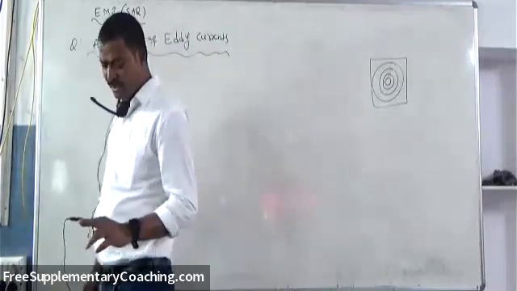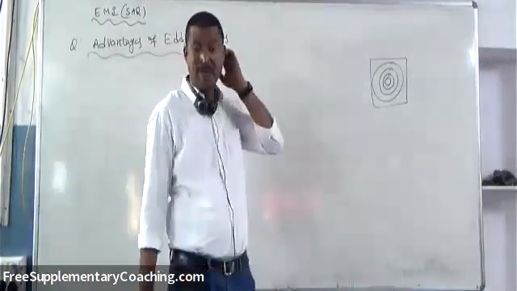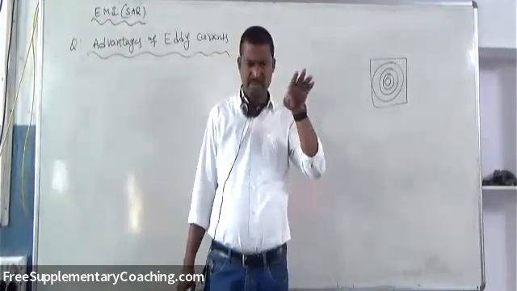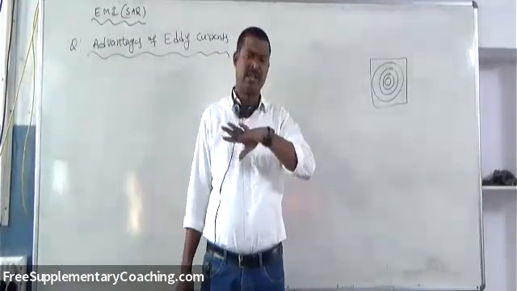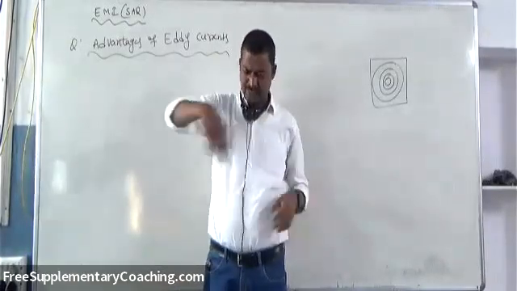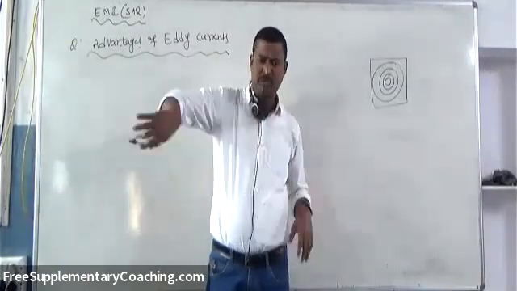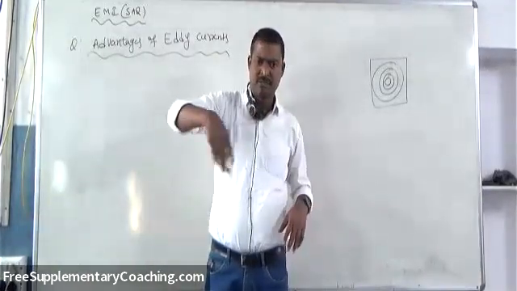Next, it can be used for damping, electromagnetic damping. Damping means decreasing oscillations. Like a pendulum oscillating like this: once you pull it aside and release, after some time it comes to rest.